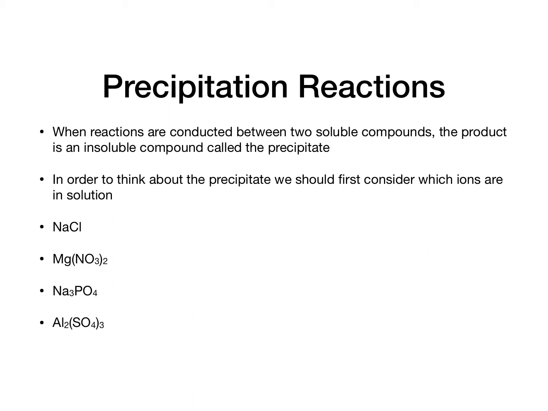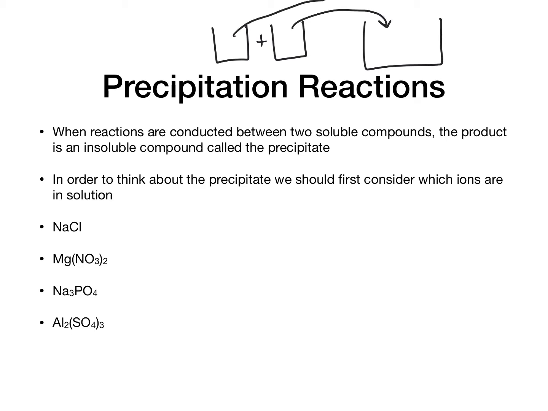So when reactions are conducted between two soluble compounds, meaning we have a beaker with solution 1, a beaker with solution 2, we're going to add both of these into a large beaker. Oops, lost half an arrow. What happens in the solution? We are going to create a precipitate, which I'm going to draw as dark dots.